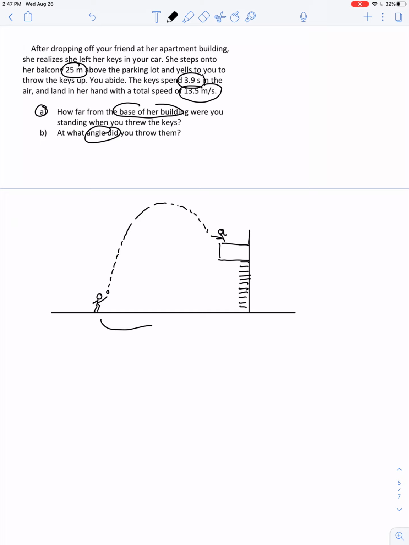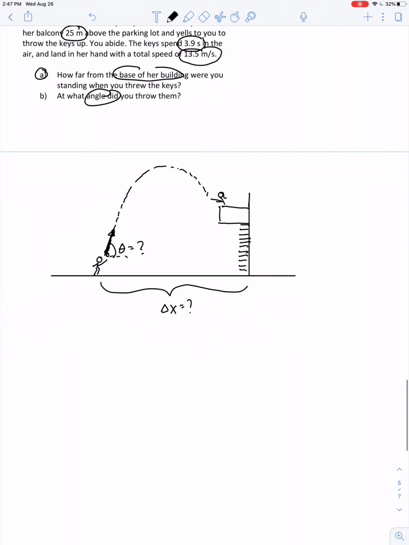So our questions are, how far away from the base of the building were you standing? So delta x is a question, and the way you toss the keys, the initial velocity forms some angle from the horizon. What was the value of that angle? All right, so what's given here?